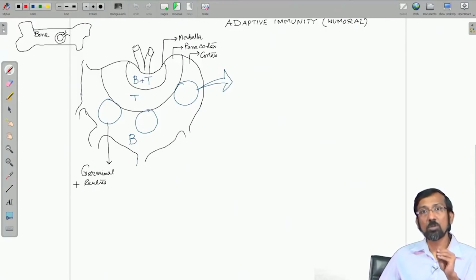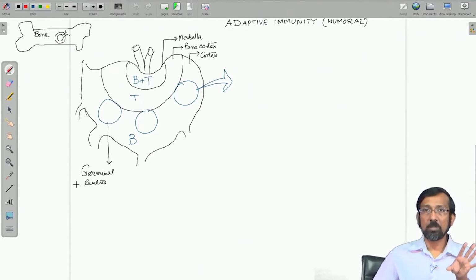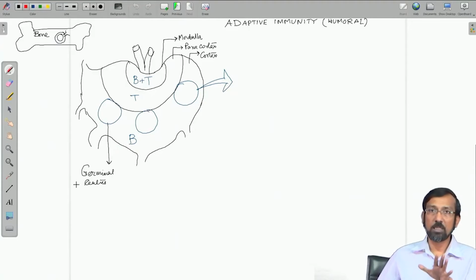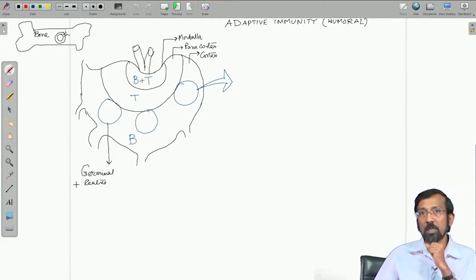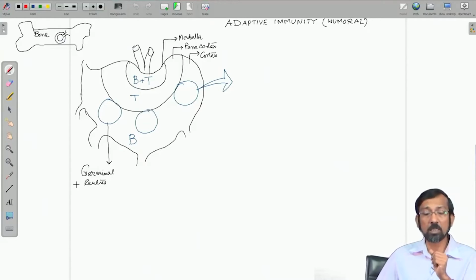So, some co-stimulatory events would occur that will lead to the activation of the B cell, and many other events leading finally to differentiation of these B cells into producing different classes of antibodies or immunoglobulins. Now, what happens in these germinal centers?